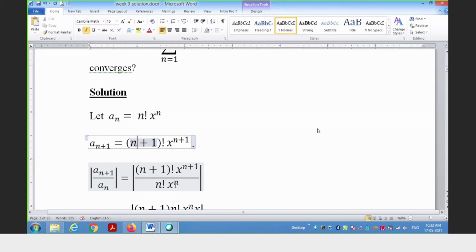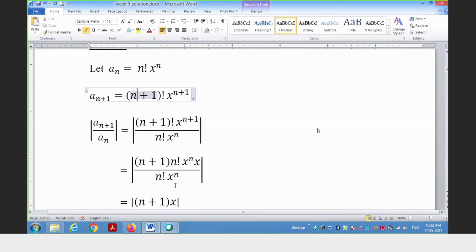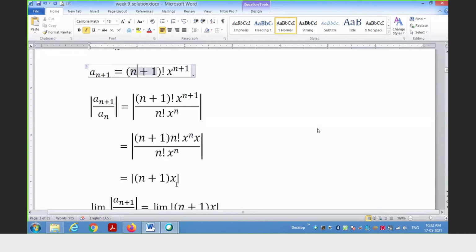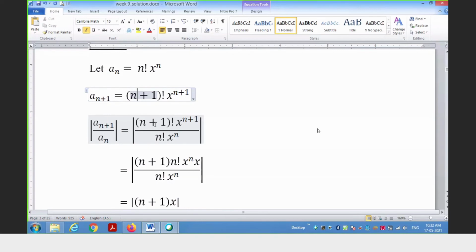And then we have to simplify these expressions.